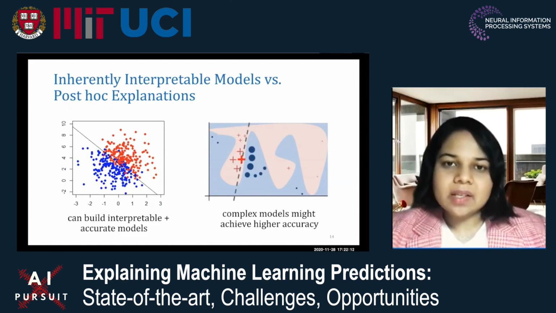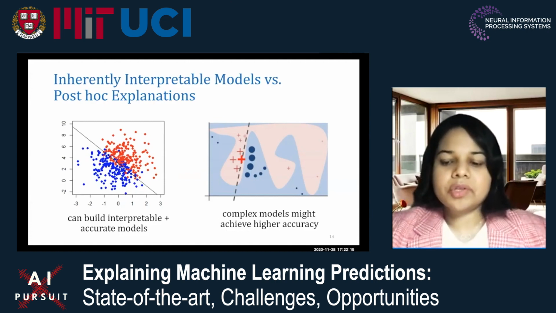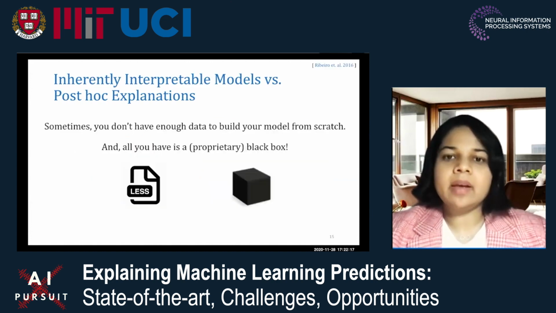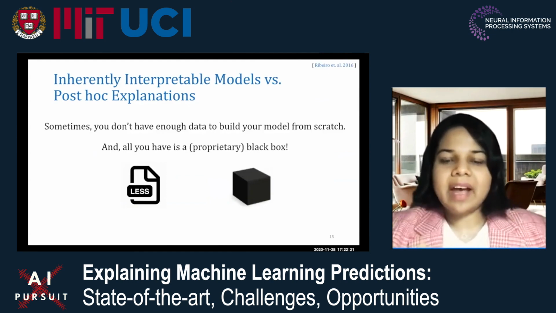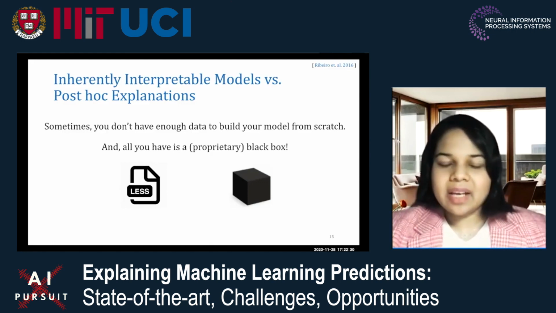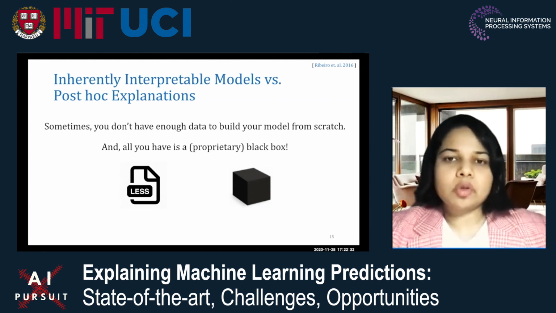And in such cases, we might resort to using post hoc explanations. And there is also this scenario where sometimes you just don't have enough data to build a model from scratch. All you have is a proprietary black box. And in that case, also, we might want to resort to post hoc explanations because there is pretty much no other option.